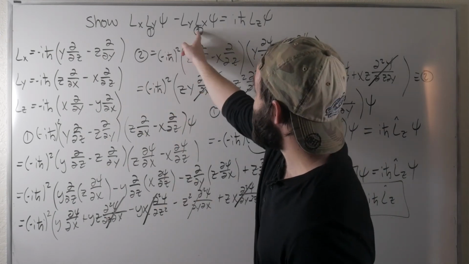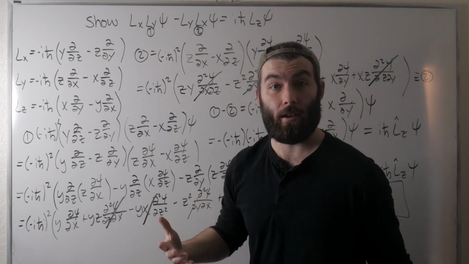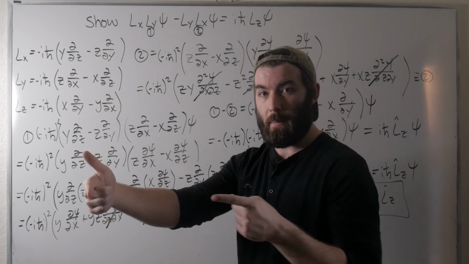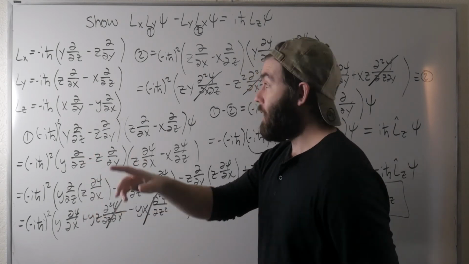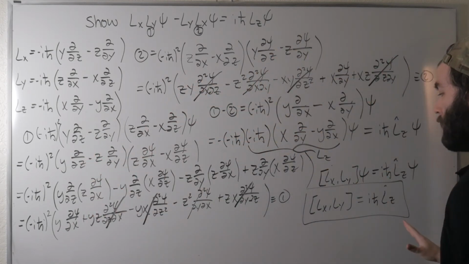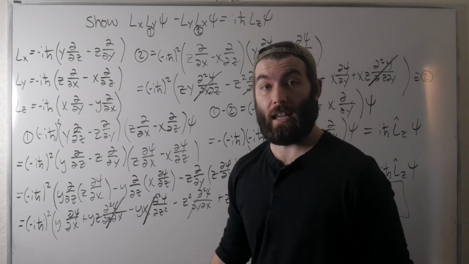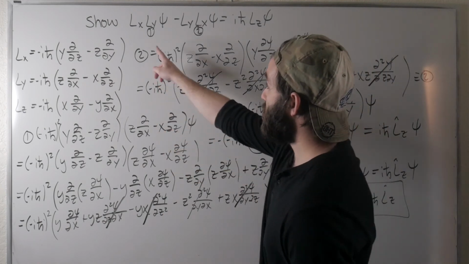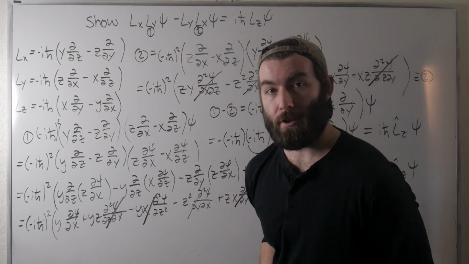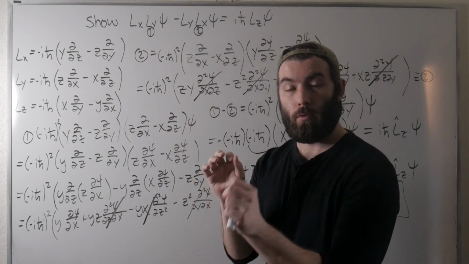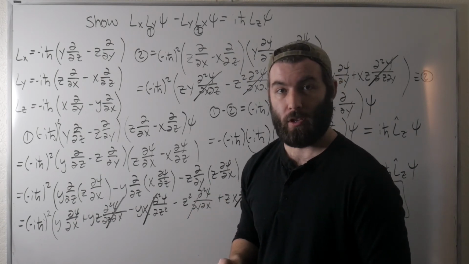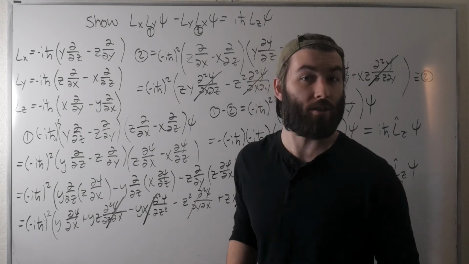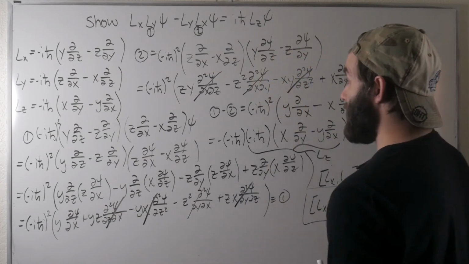But the fact that this is not zero, which is what it would mean if it was no different, is that the same as me measuring this and then measuring this? This math that we just went through says in general it doesn't. What that means, the way that you interpret this, is that you cannot make simultaneous measurements of any two components of angular momentum. You can't measure the x and the y component at the same time. Measuring x changes what y would be. So that's the big takeaway of this.